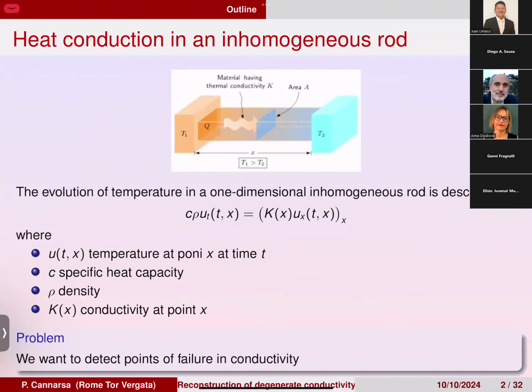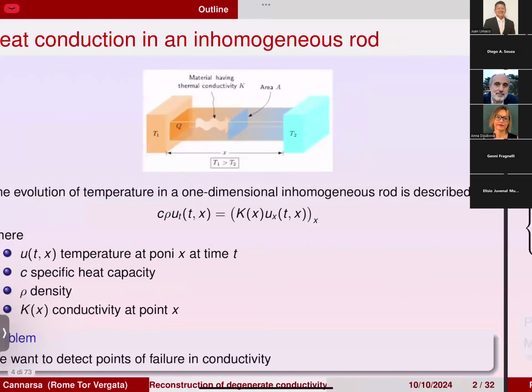Now this can be a point, a finite number of points, or a bigger set, depending on the dimension where we consider the problem. Of course, the higher the dimension, the more interesting the problem becomes. But since we heard a lot about the curse of dimensionality, here I'm staying in dimension 1.